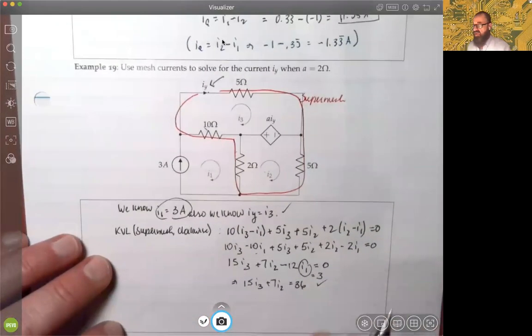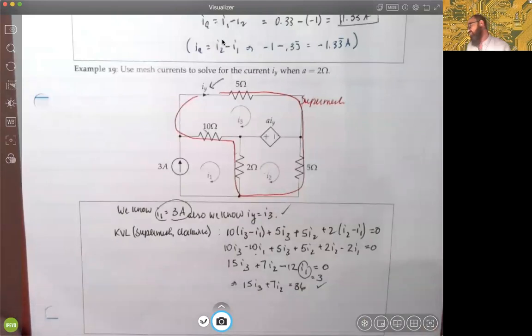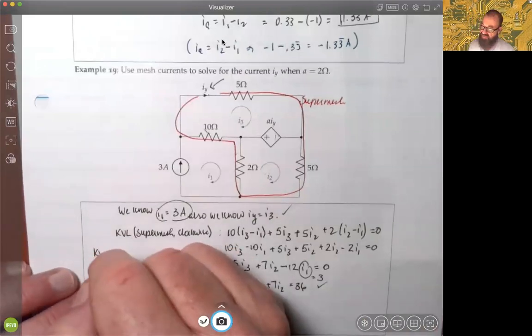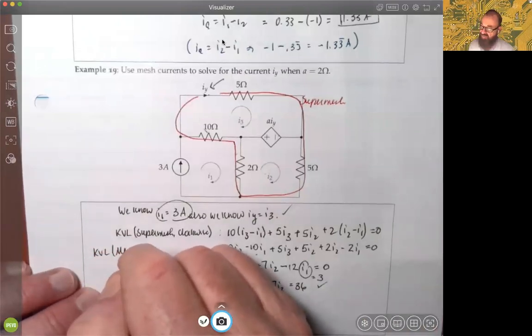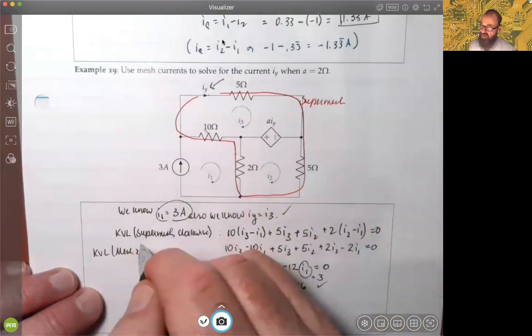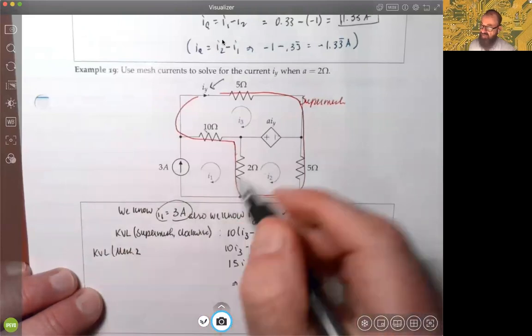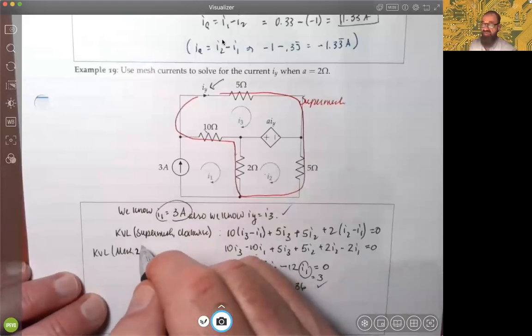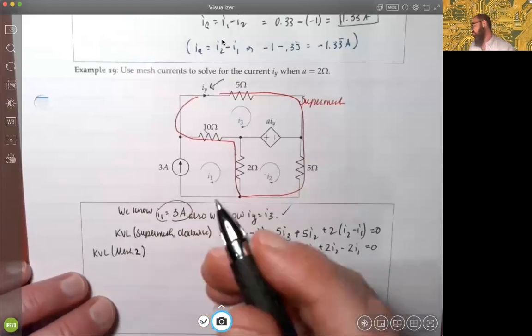So we need another representation of voltage with meshes. So let's do KVL on mesh 2. And hopefully we can get this controlled gain parameter in terms of our mesh currents, right?